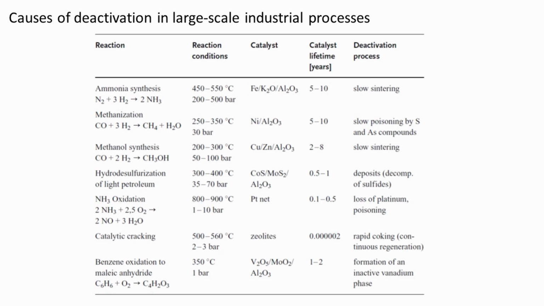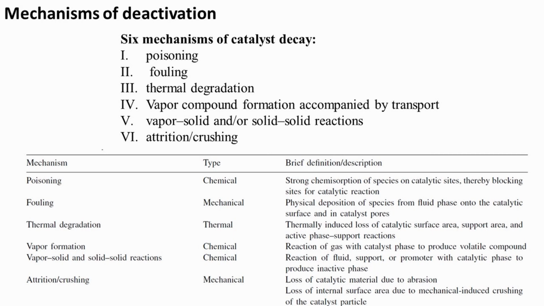In addition, the presence of oxygen or chlorine in the feed gas can lead to formation of volatile oxides or chlorides of the active phase, followed by gas phase transport from the reactor.